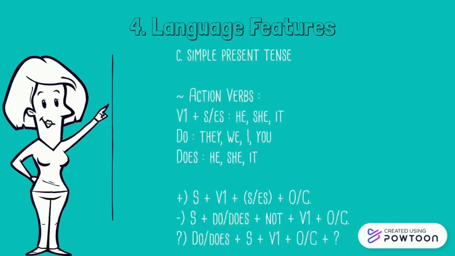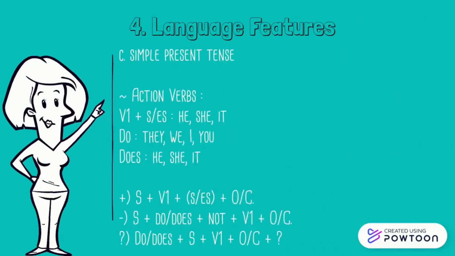Okay. Let's move to the simple present tense action verbs. So, action verbs are verbs that are in the present tense. An action verb shows what the subject is doing.